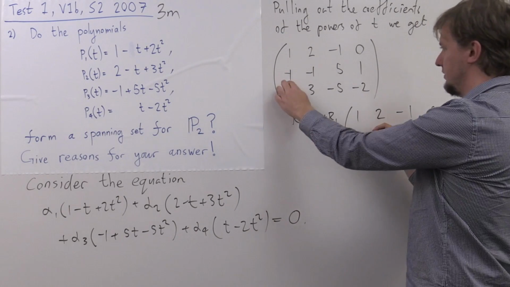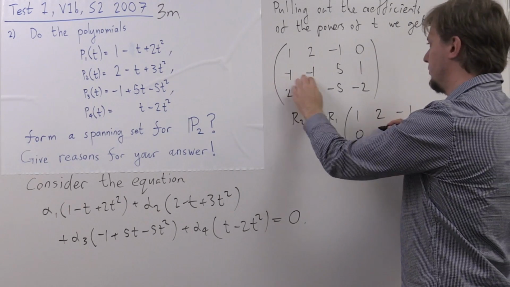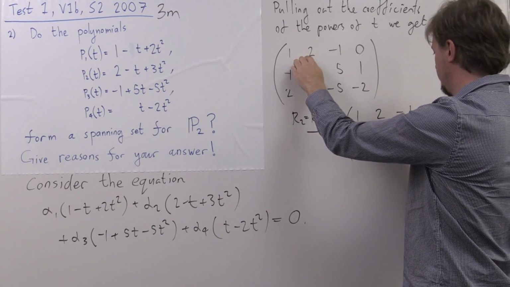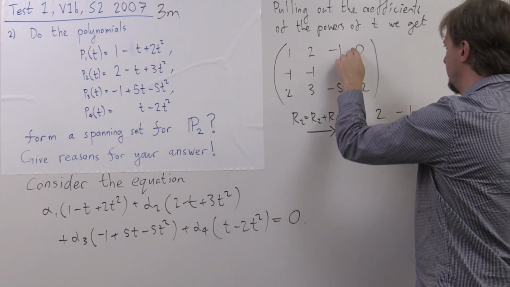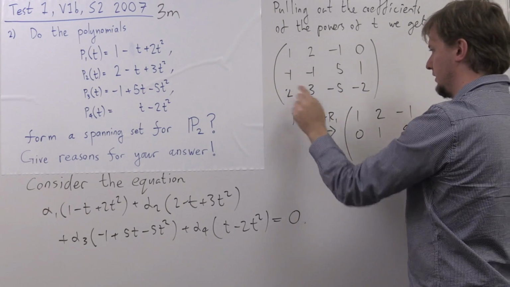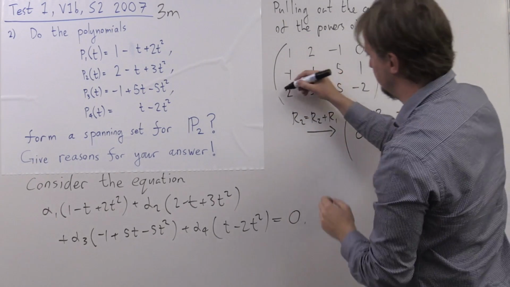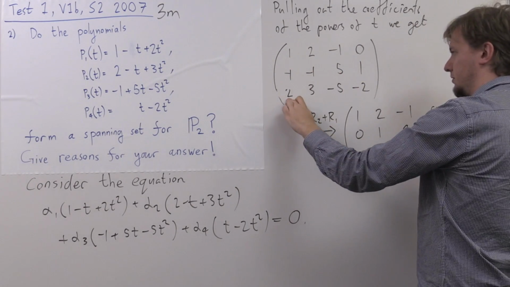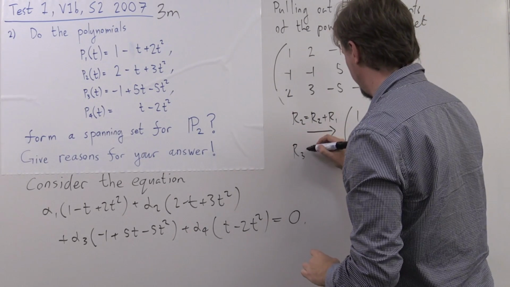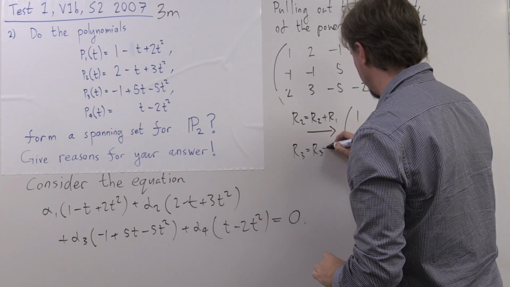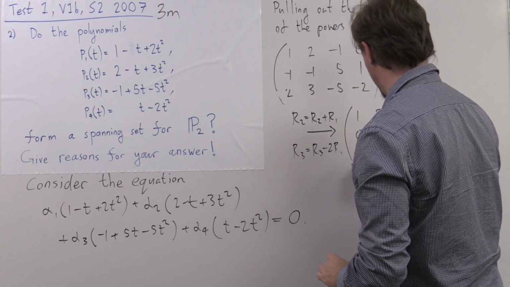The second row is now a 0, a minus 1 plus 2 is 1, 5 minus 1 is 4, 1 minus 0 is 1. Let's get rid of this 2. So row 3 is row 3 minus twice row 1.